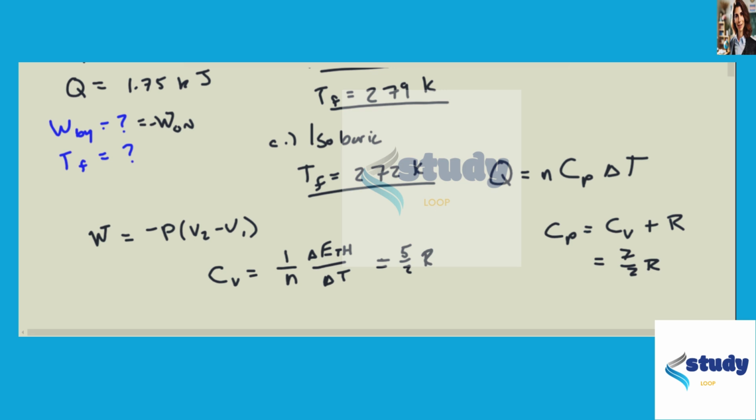Why are we solving for this? Well, because a change in thermal energy is work done on the gas plus heat given. So if we find the change in thermal energy and we subtract the heat that we're giving to the system from that, we'll get the work done on the gas, pop a negative sign on it, and we've got the work done by the gas.